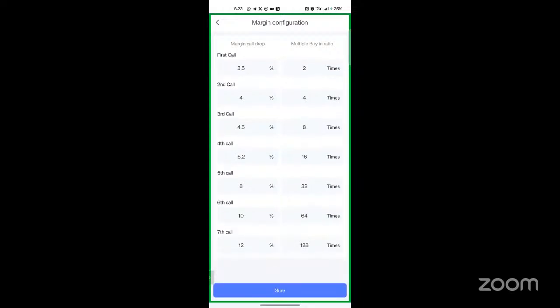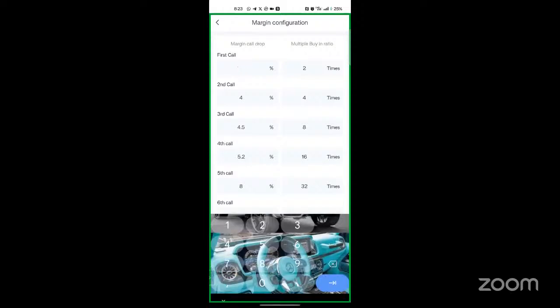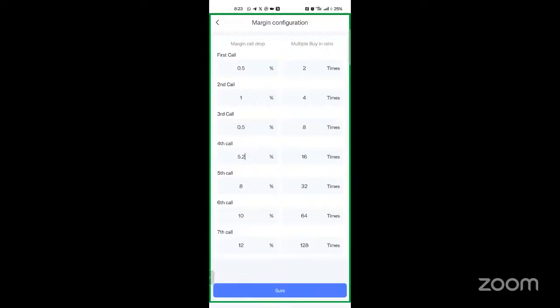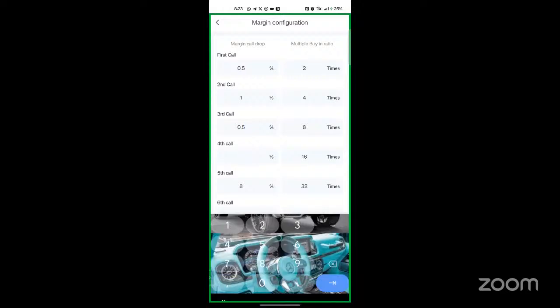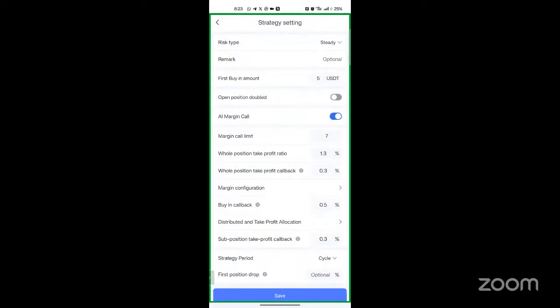Then let me say here I put a 0.5. Maybe I put a 1 here. Basically, this is 3%. Okay. Now I tap sure.